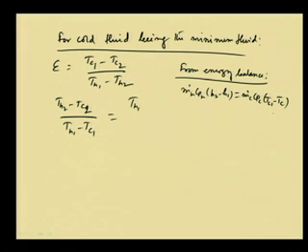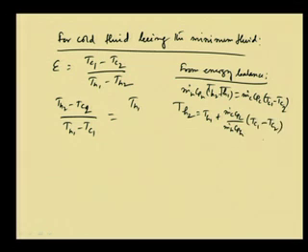Here Tc1 is greater than Tc2, therefore Th2 equals Th1 plus m dot c Cpc by m dot h Cph into Tc1 minus Tc2.